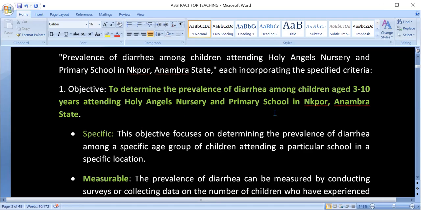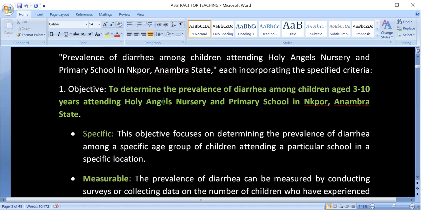For this, they decided to limit it within this age range. You can also make it broad, depending on what you are doing. So now, this is the major objective of this research: to determine the prevalence of diarrhea among children aged 3 to 10 years attending Holy Angels Nursery and Primary School in Nkpor, Anambra State.